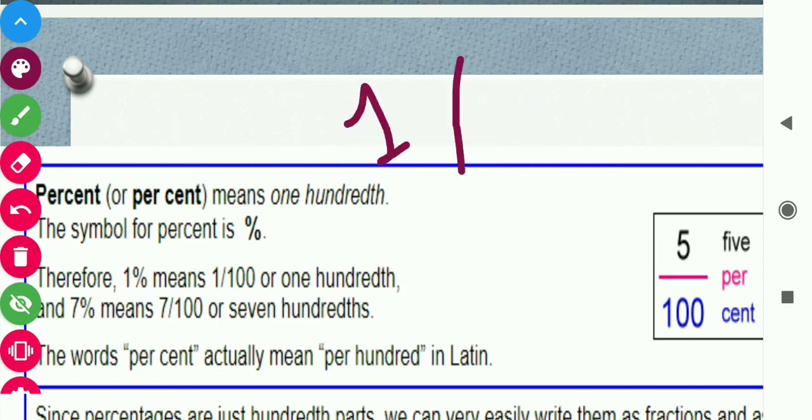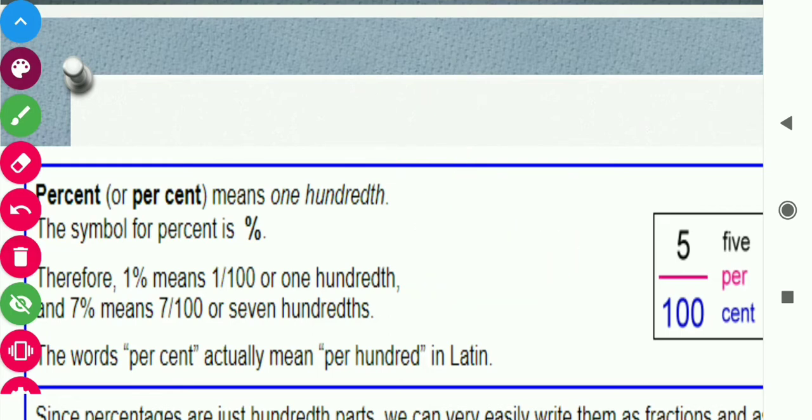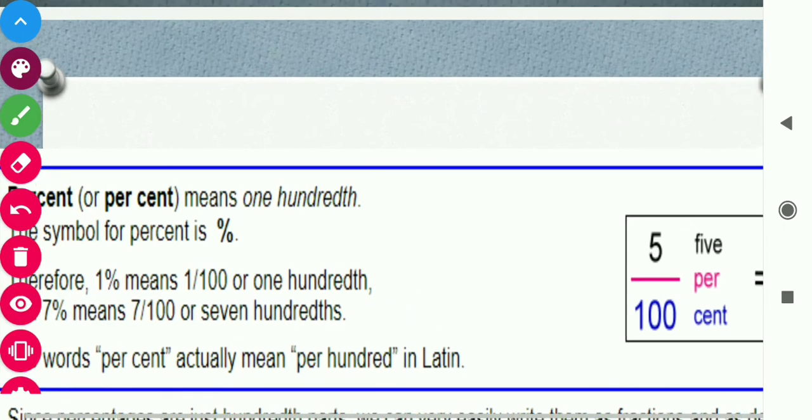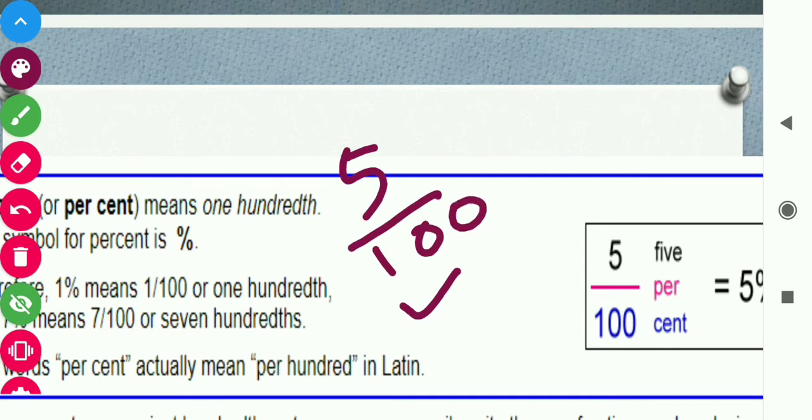If you say 1%, that means 1 upon 100. 7% means 7 upon 100. This word comes from the Latin word percentum. You can see here 5%, 5 by 100, which is written as 5 with the symbol %.